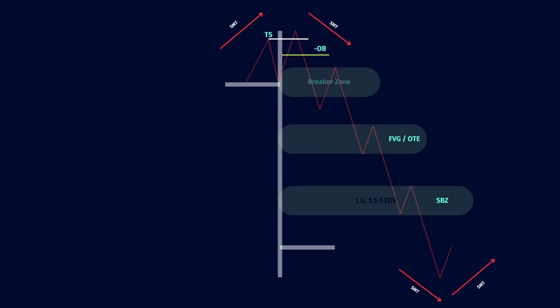And when this breaker has these reactions in a bearish move, you can find the next retracements in specific zones.